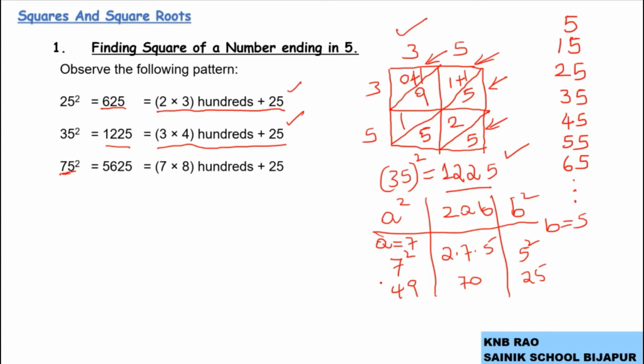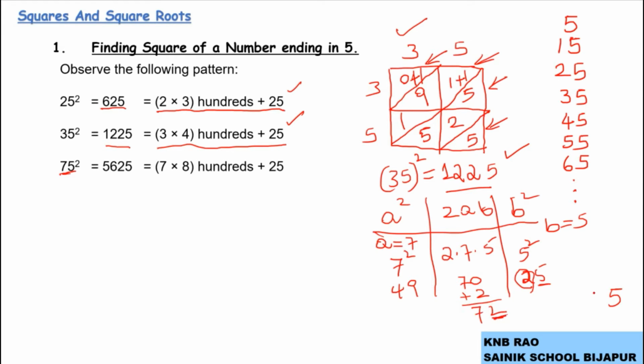Now if you want to find out 75 square, underline in the rightmost column's units place digit, write down that. You take out the rest of the digits which are there, add them to here. Now it becomes 72.